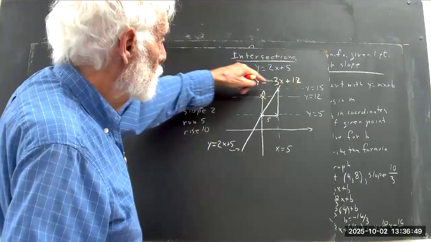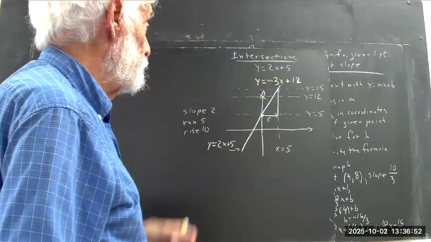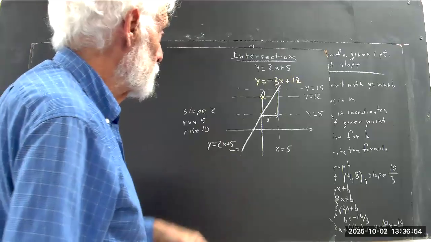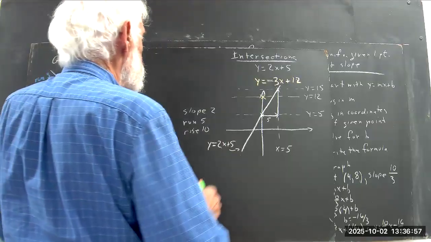Y equals negative 3x plus 12. Okay, well, there's the y-intercept. The slope has to be negative 3.